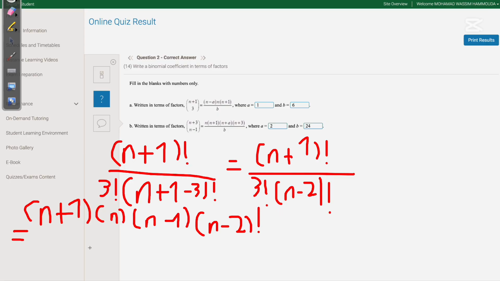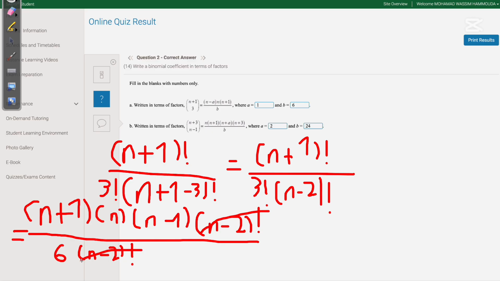Like here (n-2) factorial, we're gonna stop at n minus 2, over 6 times (n-2) factorial. You cancel it up and down, and that would leave us with (n+1) times n times (n-1) over 6, like here.